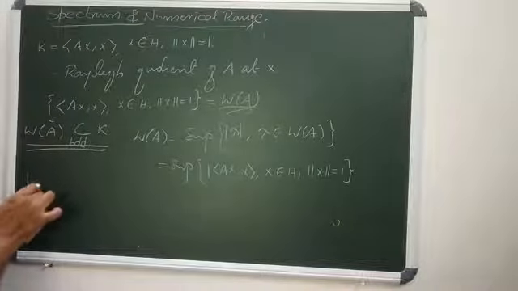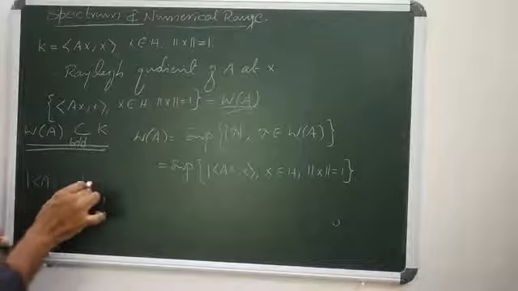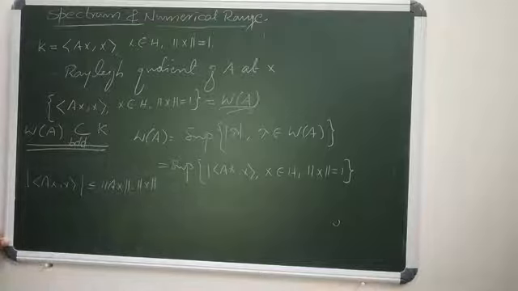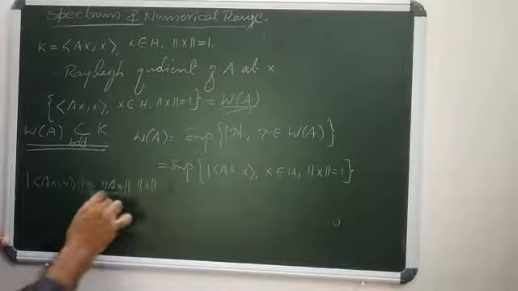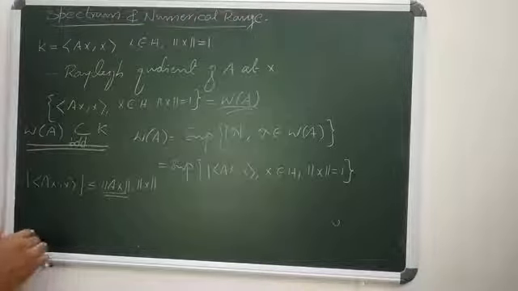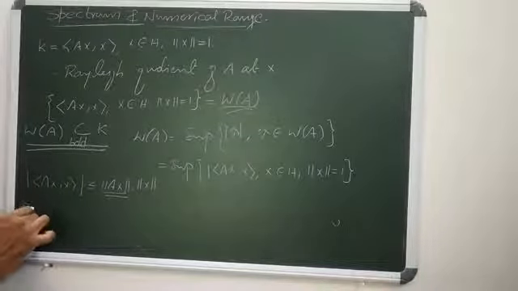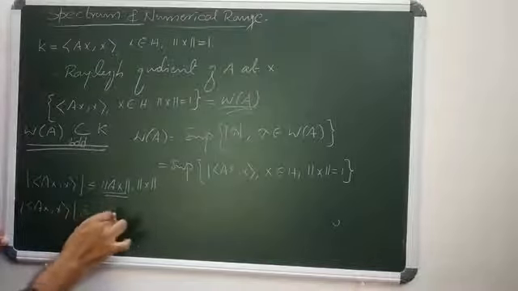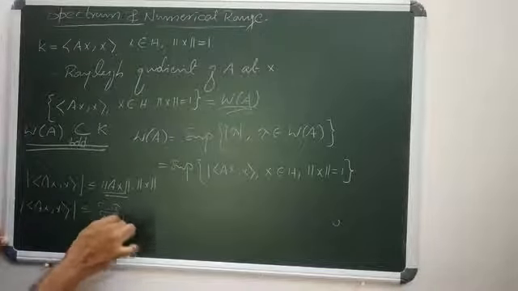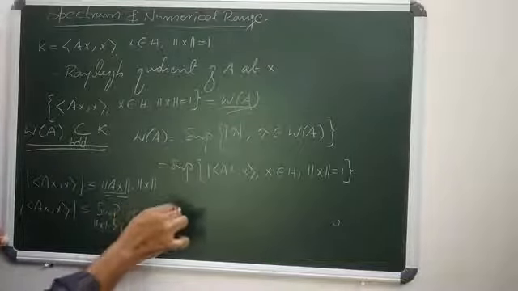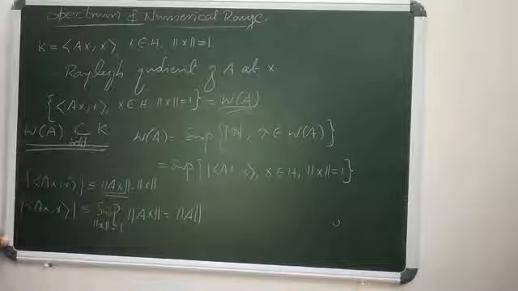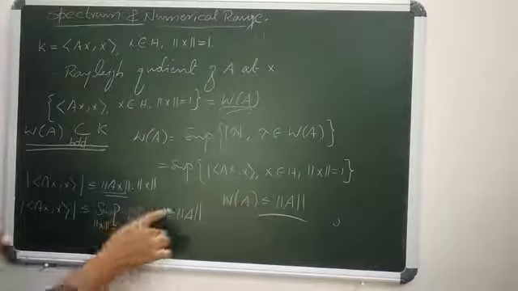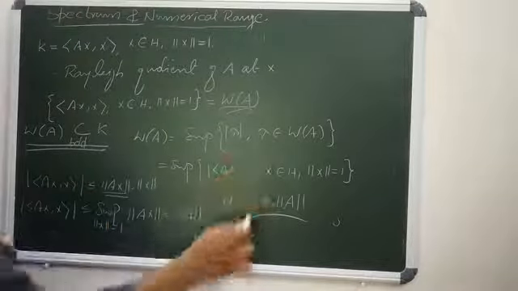But we know that the modulus of inner product Ax, x is less than or equal to norm Ax into norm x. Since norm x equals 1, it is norm Ax, which is less than or equal to the supremum over norm x equals 1 of norm Ax, that equals norm A. That means w(A) is less than or equal to norm A.